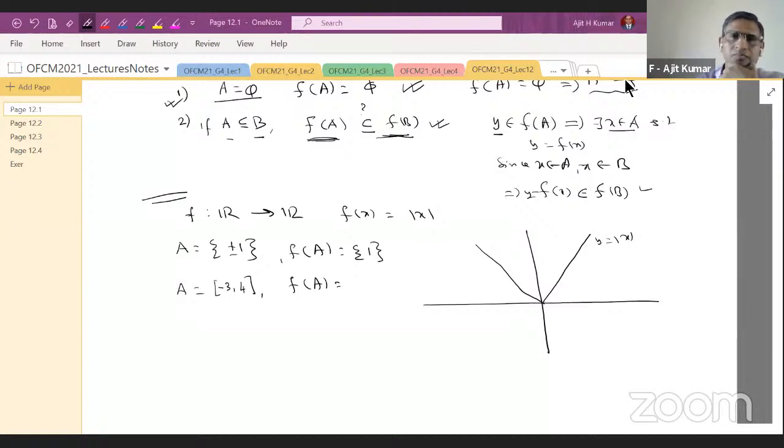Now, in this case, somewhere here you have -3, here you have 4. Where does this image go? This is going to be the image, and then you just draw.